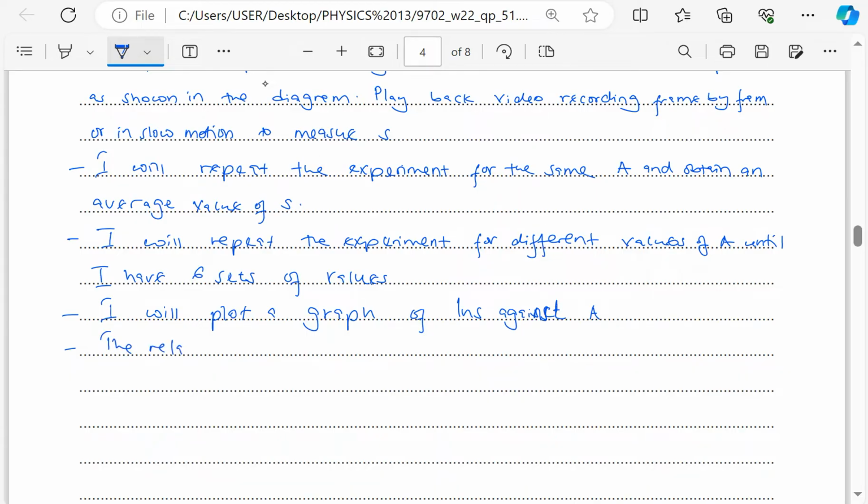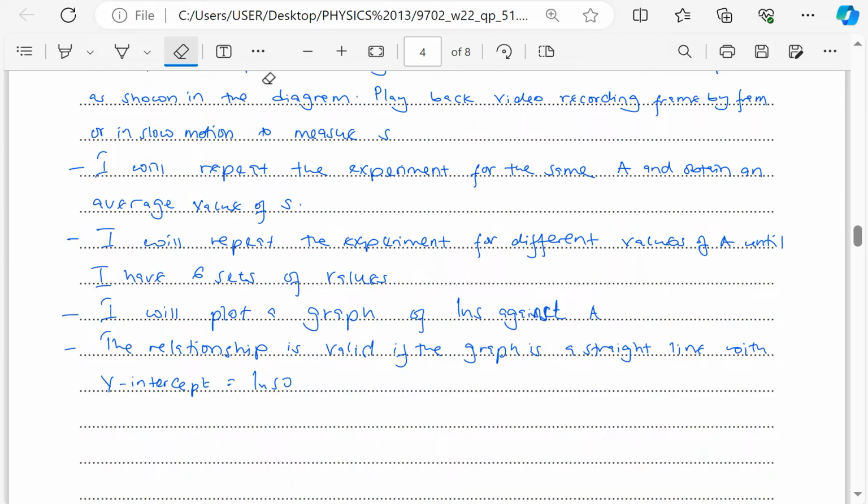The relationship is valid if the graph is a straight line with the y-intercept equals to ln of S naught.